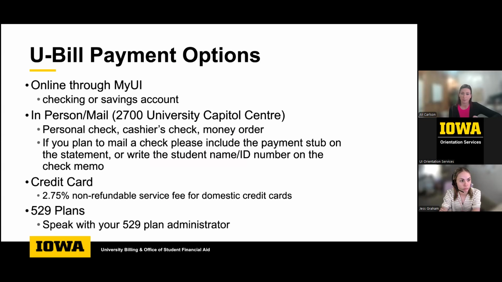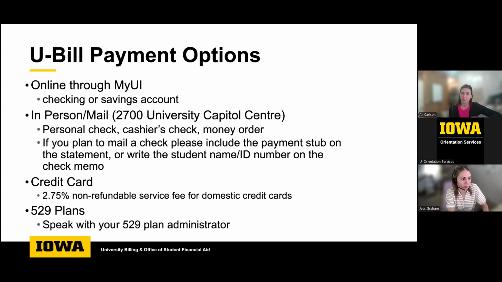And here we accept personal check, cashier's check, and money order. If you plan to mail us a check, please print the U-bill and detach the payment coupon that's included on the statement, or on the check itself in the memo line, write the student's name and ID number. That will help us pinpoint the correct student when we go to process the check.